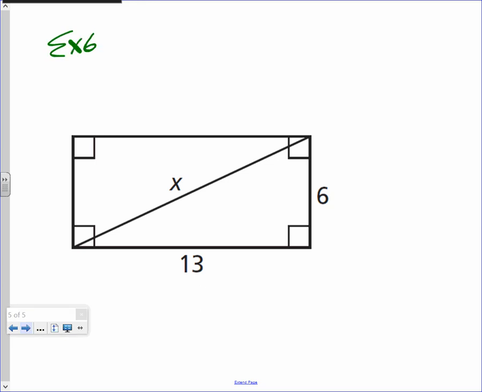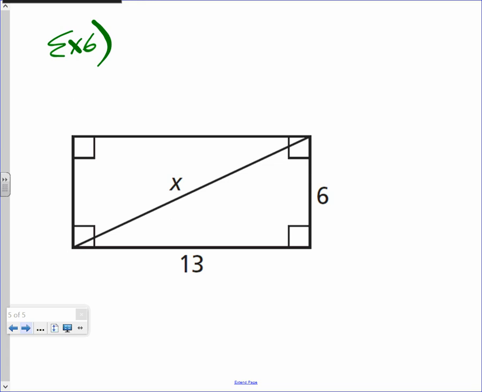Example 6. Go and copy that rectangle down. So we've got a rectangle sliced in half by a diagonal.